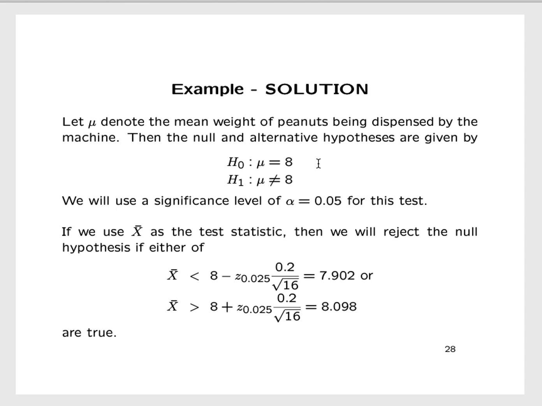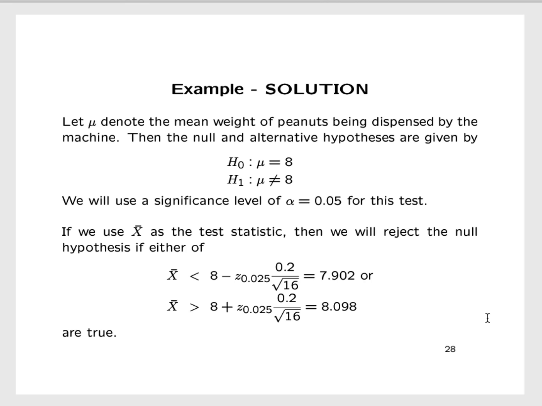The null hypothesis assumes that the machine is in control, and we're giving the data an opportunity to convince us otherwise. What we put in the alternative is what we're trying to show, in other words, that the machine is not in control.